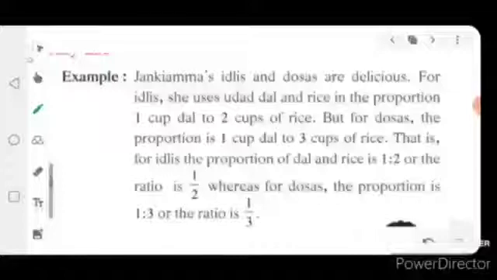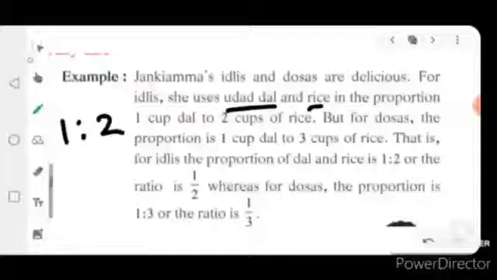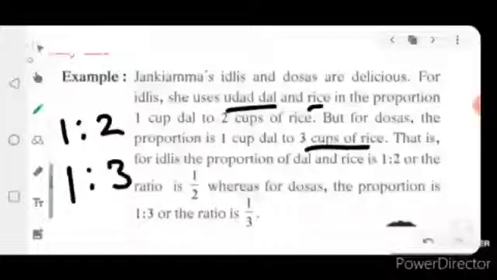For idlis, she uses urad dal and rice in the proportion of 1 cup dal to 2 cups of rice, 1:2. But for dosas, the proportion is 1 cup dal and 3 cups of rice, 1:3.